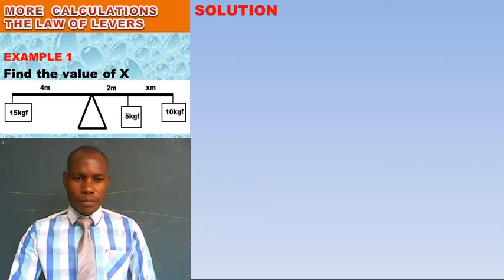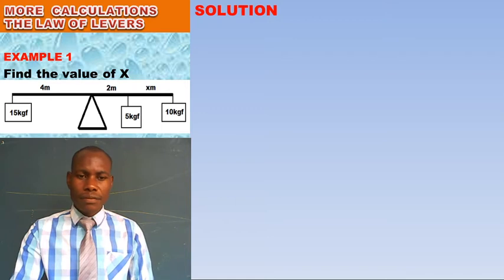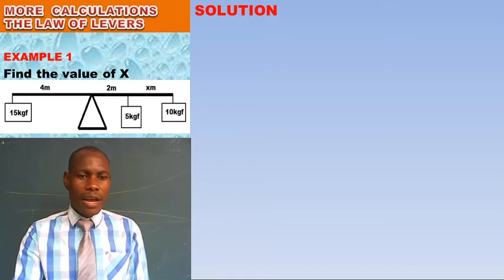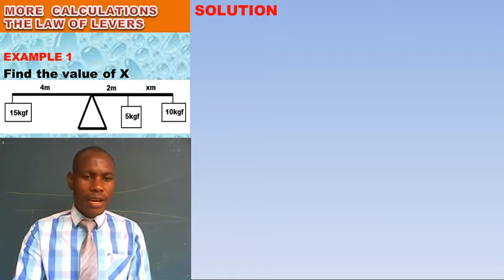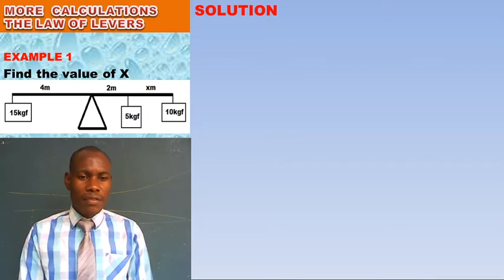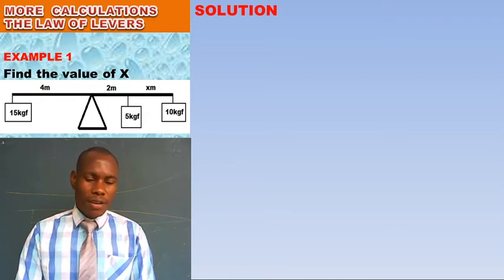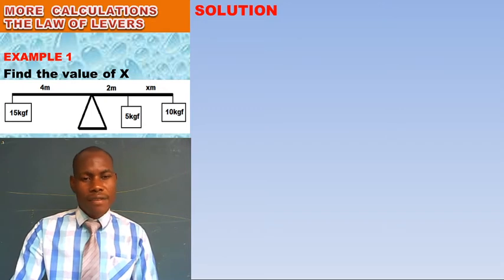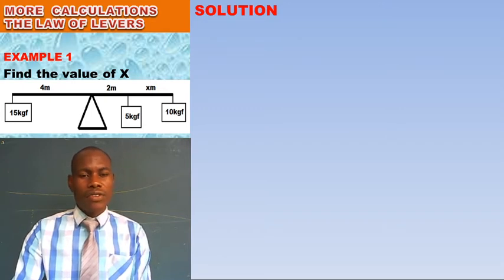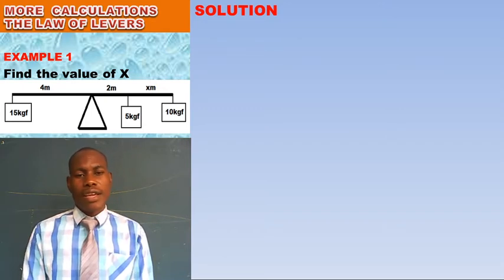And then on the other side, we have another force. That force is 5 kilogram force, which is placed 2 meters away from the fulcrum, or the pivot. And then we have 10 kilogram force, which is placed x meters plus 2 away from the pivot.